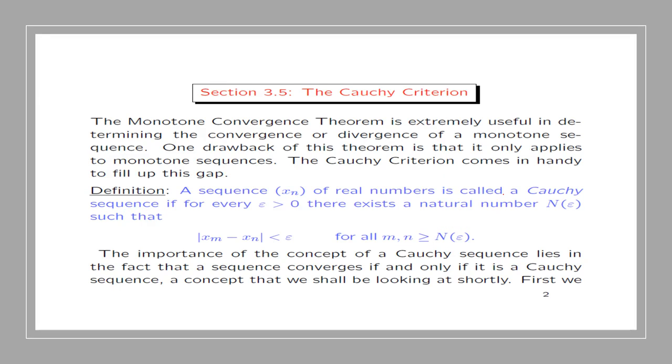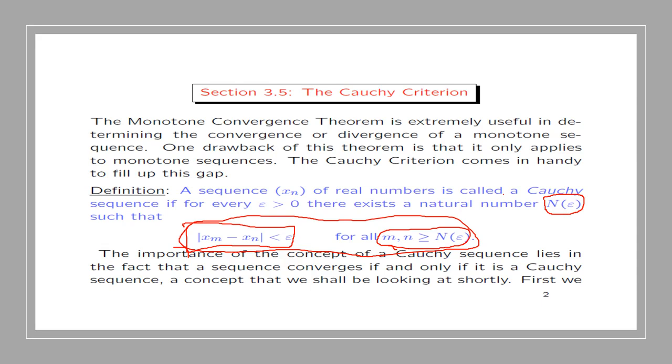If it's a Cauchy sequence, then for every epsilon bigger than 0, you will get a natural number N that depends on epsilon, such that the distance between xm and xn is less than epsilon for all m and n bigger than that capital N epsilon. Now we will say that xn is not a Cauchy sequence if this condition fails.